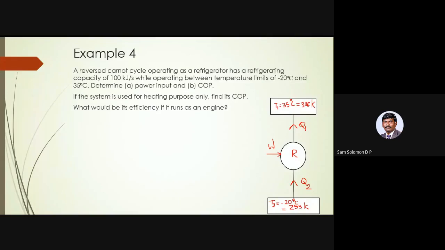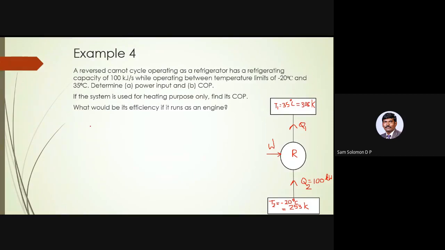This is what is given to us. Now they have said that this Q2 value is 100 kilojoules per second, which is 100 kilowatts. And they want us to find the value of W and the COP.